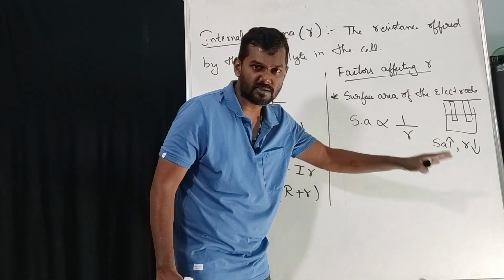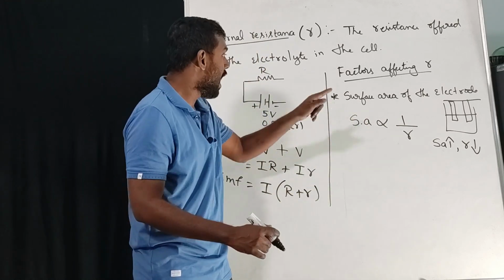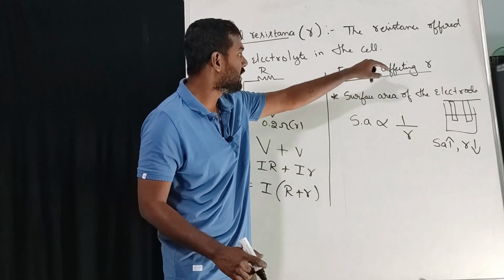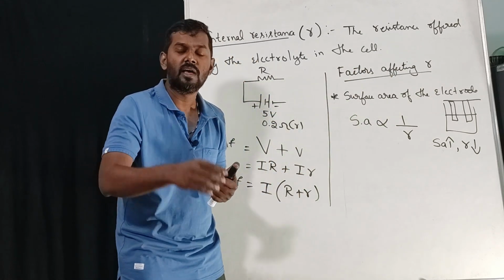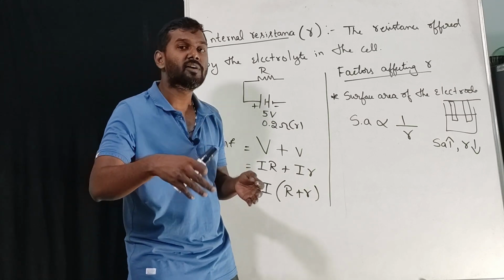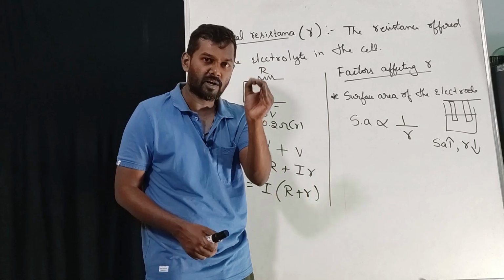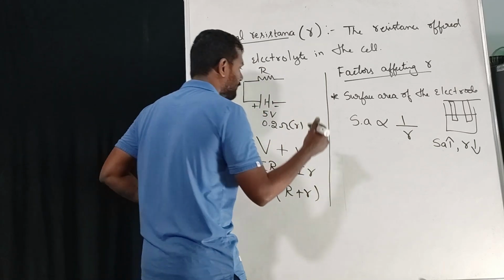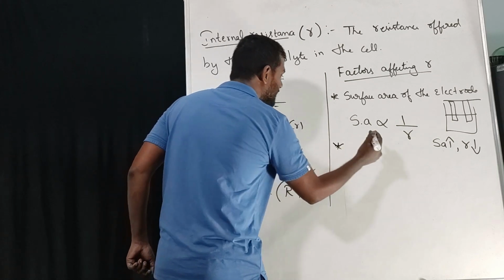You can write any one sentence for how the surface area of the electrode affects internal resistance. Sometimes whenever you are learning something, there might be a chance to get confused, correct? So whenever you get confused, go back and watch it properly one more time. Definitely you will understand.